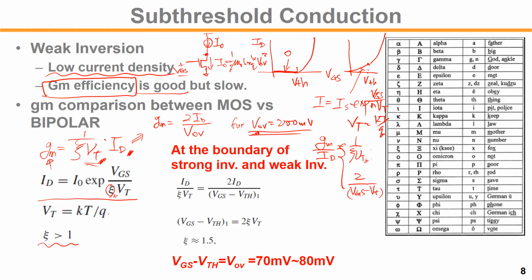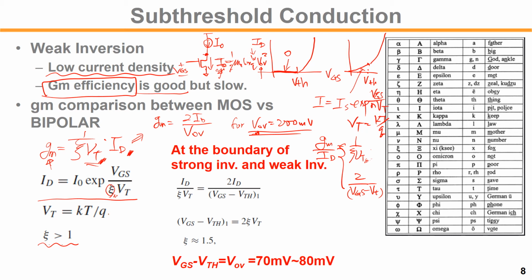In this case, if the current is fixed, playing with W and the overdrive voltage, if you have a larger W, the overdrive voltage will be smaller and smaller to keep the fixed current I0. So the overdrive voltage goes down and down as you increase W. At some point the overdrive voltage gets too small, so it gets into weak inversion, eventually the subthreshold region, right?